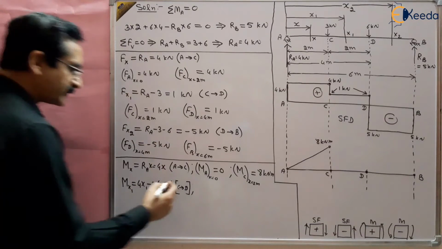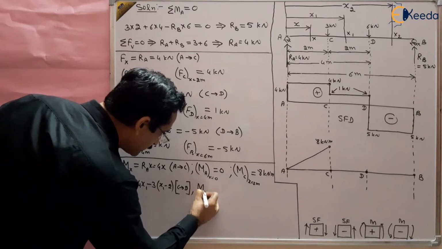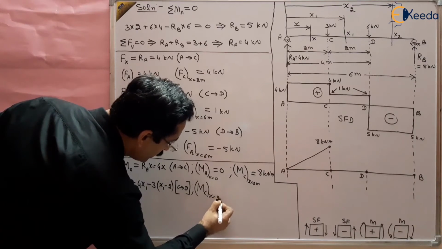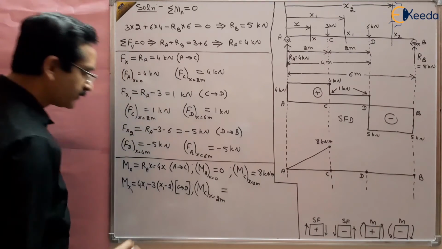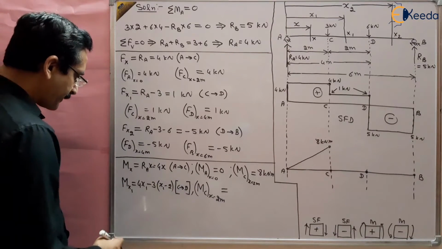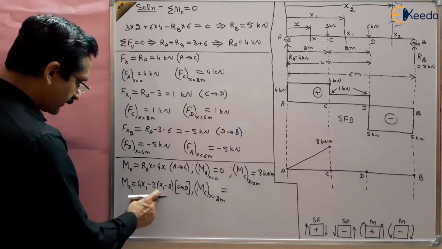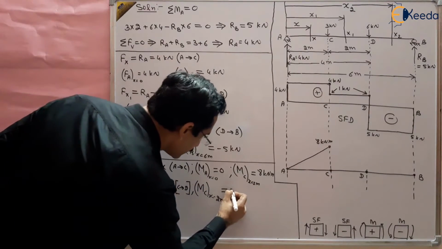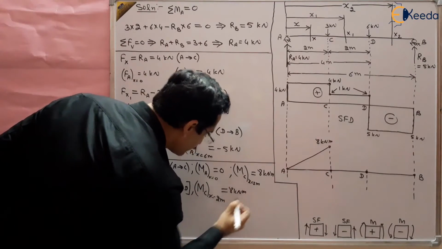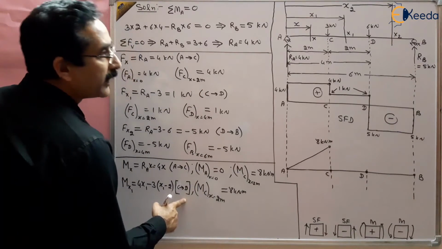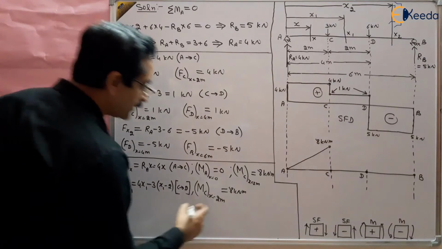But what is the value at C? Bending moment at C, where the value of x is 2 meters. Put it here, and you will get the same value, 8 kilonewton meter. And what is the value at D? At D, x is 4 meters.